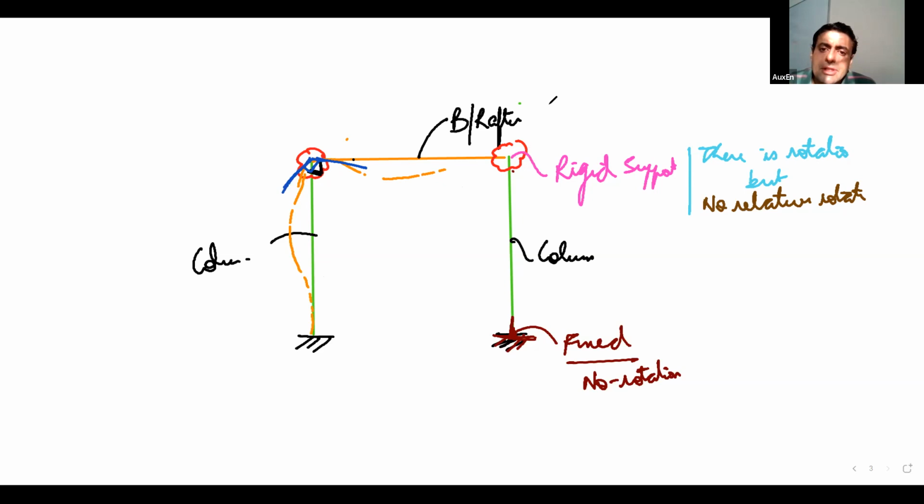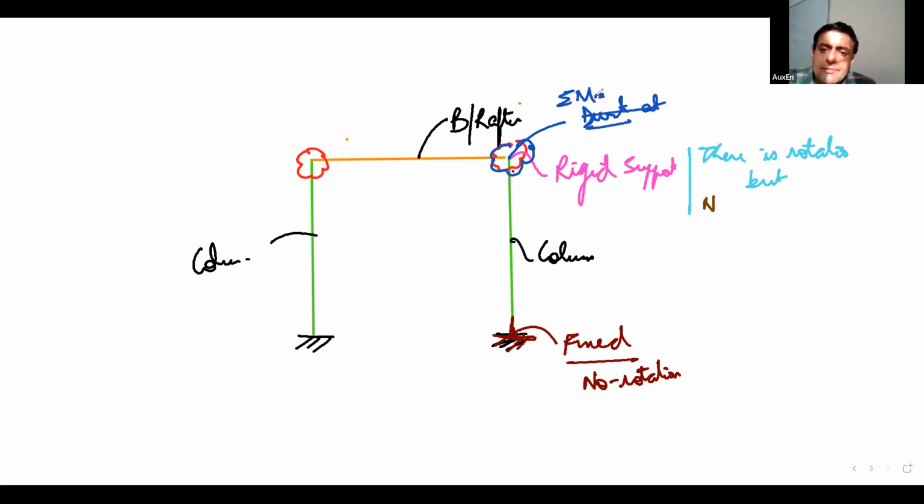Because there is no relative rotation, you can basically easily divide the moments at this joint, or what we say is summation of moments is 0.